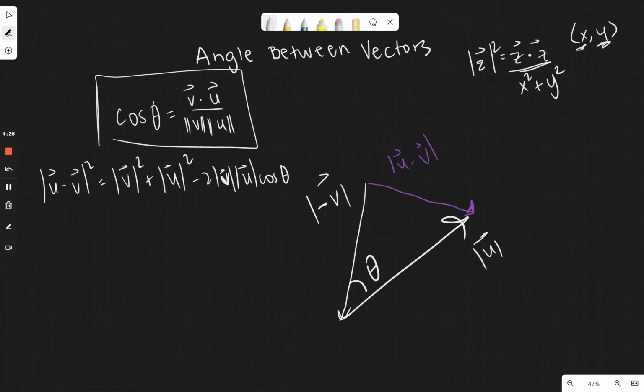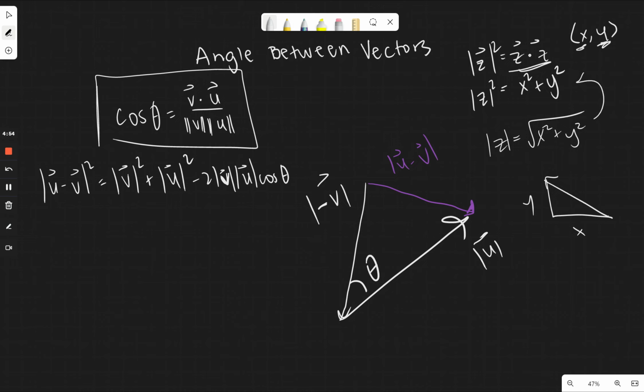Now, if you remember, the magnitude of a vector is just the square root of x squared plus y squared. If you have a vector from here, the magnitude, this length, is just going to be the hypotenuse of this triangle. So the magnitude squared is just going to be x squared plus y squared.